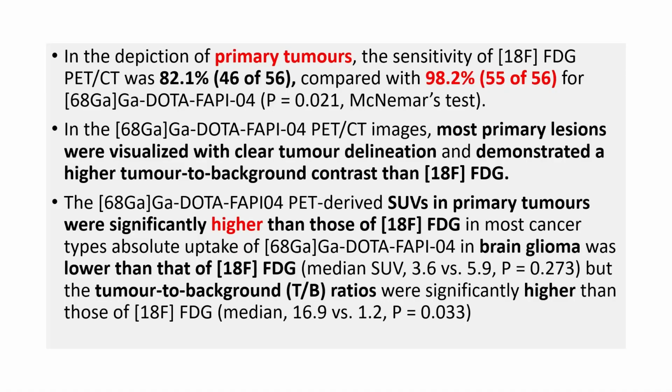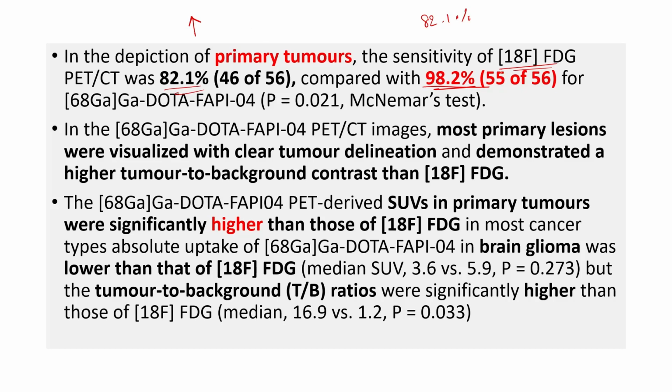For primary tumor detection, they found that the sensitivity for FDG PET-CT was about 82.1%, and for FAPI, the sensitivity for primary tumor detection was about 98.2%. So we can clearly see that FAPI has a higher sensitivity for detecting primary tumors compared to FDG PET-CT scans.